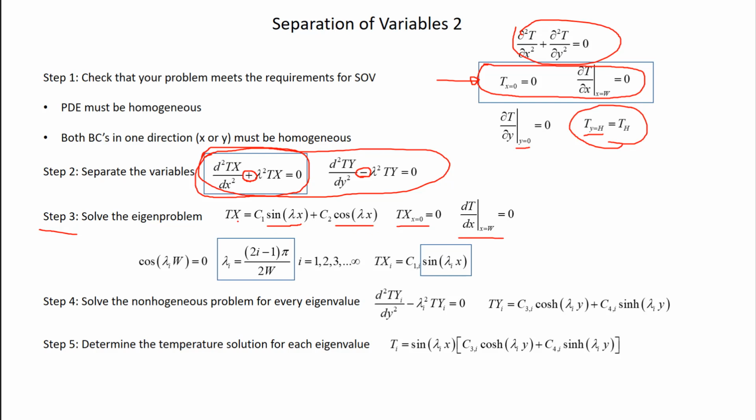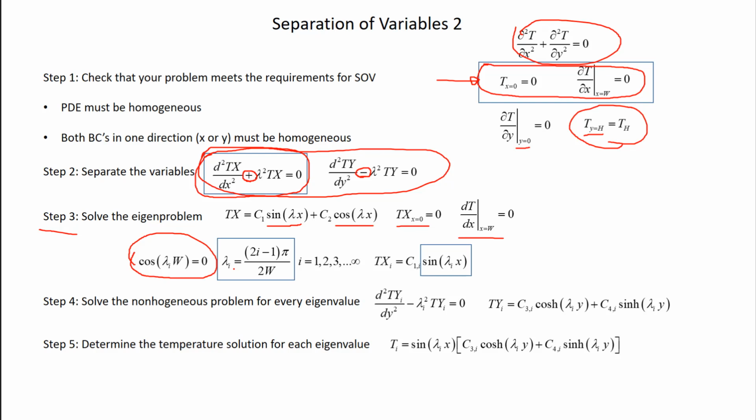C1 and C2 are two undetermined constants. These are our two boundary conditions. We got those from these boundary conditions on our original problem. This first boundary condition told us that our eigenfunctions are sines, and this second boundary condition gave us what we call our eigencondition, which is that this must be true right here.